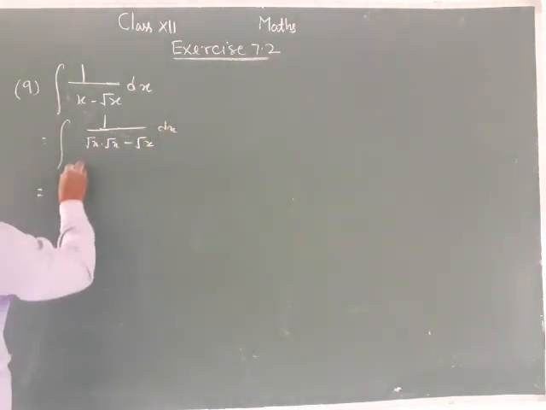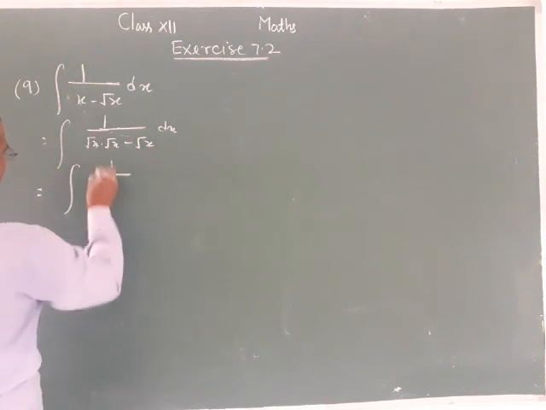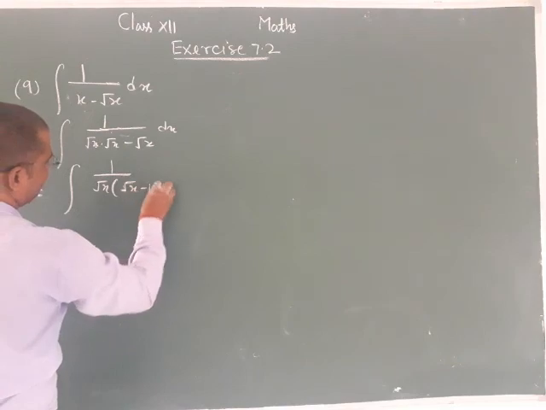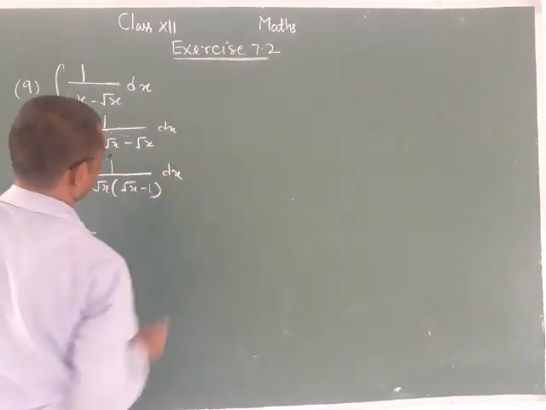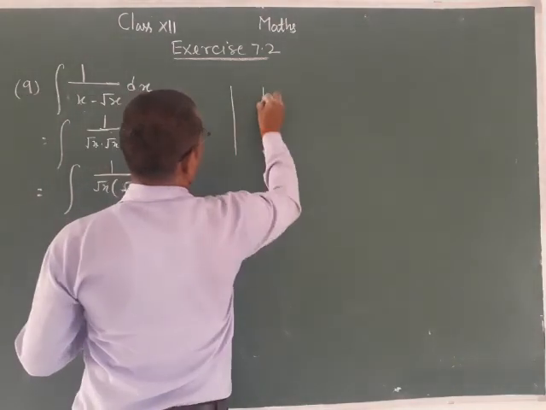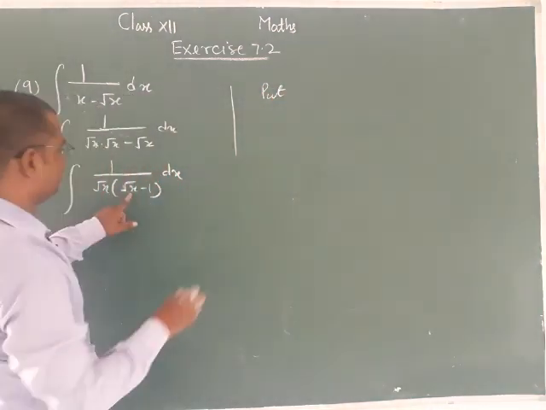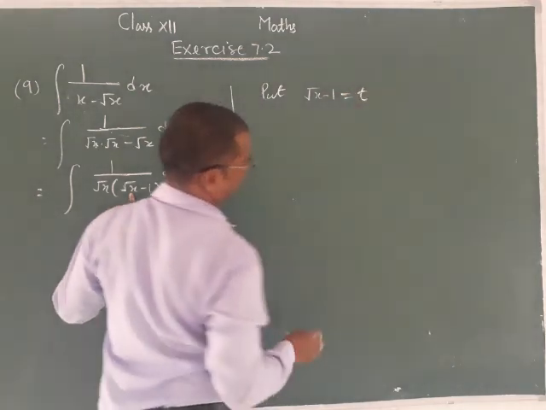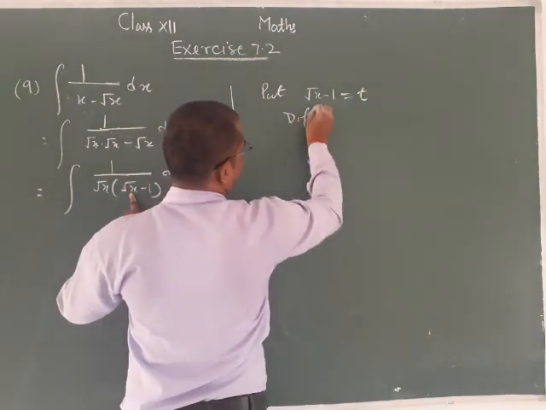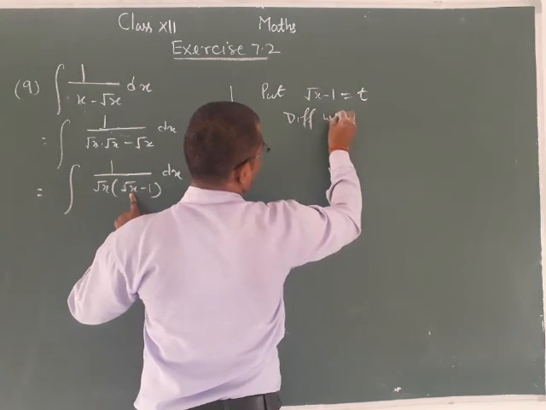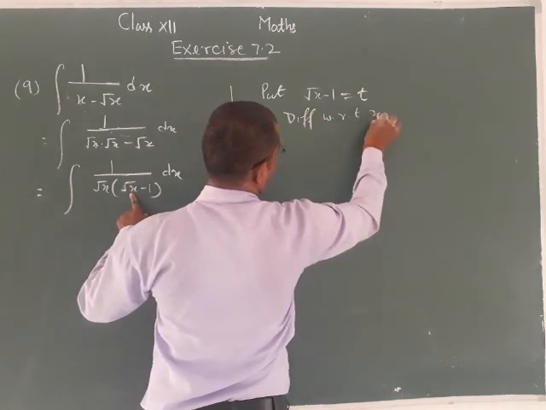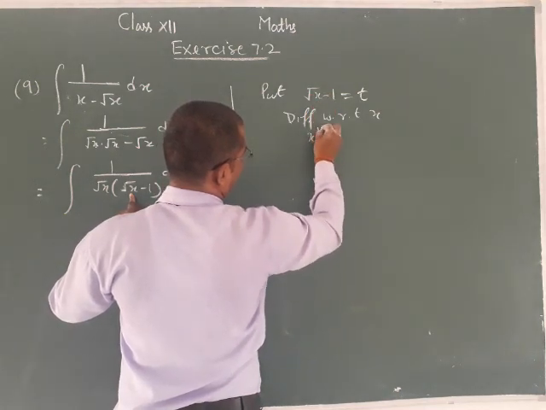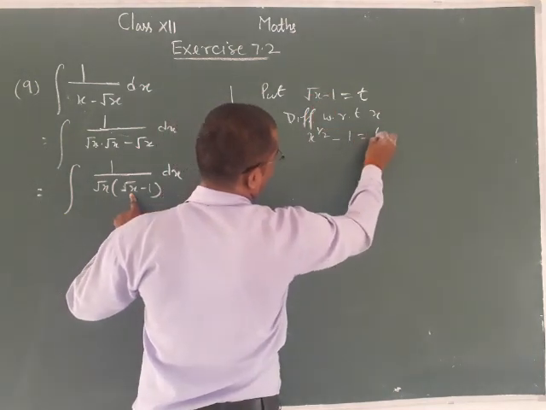So integration of 1 upon root x times (root x minus 1) dx. Now let root x minus 1 be equal to t. Differentiate with respect to x. We can also write x to the power 1/2 minus 1 is equal to t.